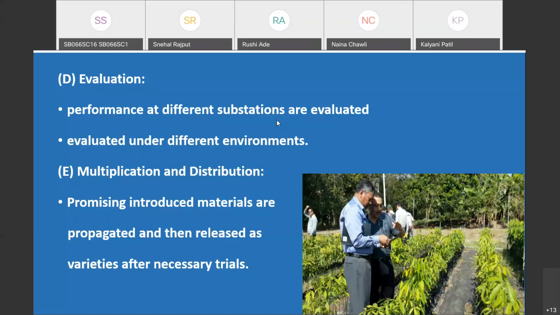Okay, and lastly, the multiplication and distribution. If the plant material which is introduced is found to be promising, it is propagated or multiplied, and then released as varieties after necessary trials. We call this multiplication and distribution.